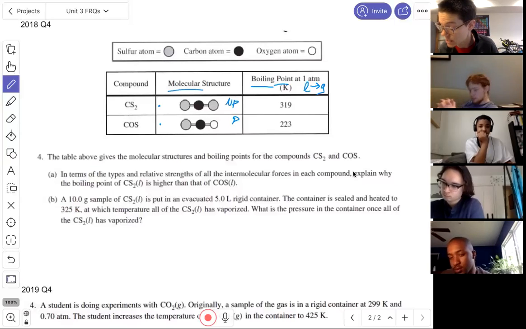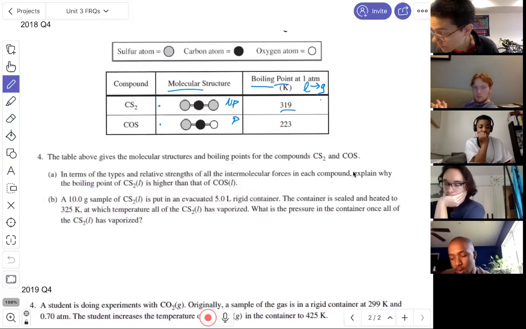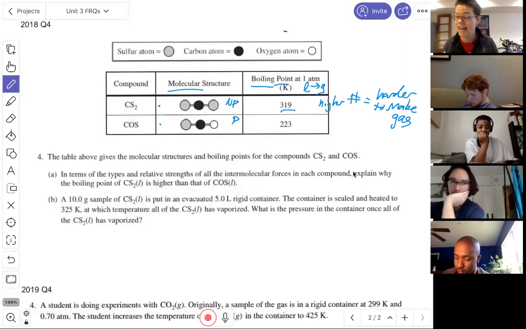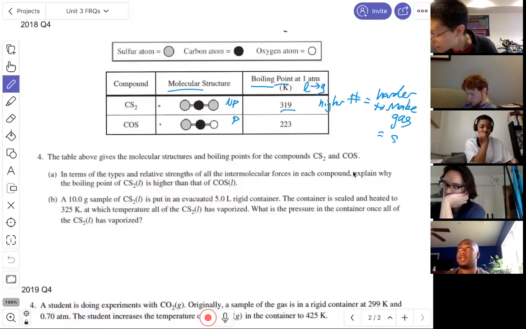CS2. Higher number equals harder to make gas. And if it's harder to make it a gas, what does that mean for the intermolecular forces? They're stronger. Really strong. Okay.